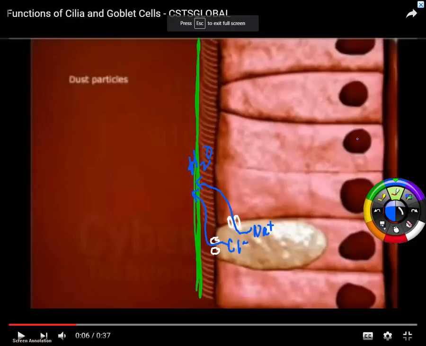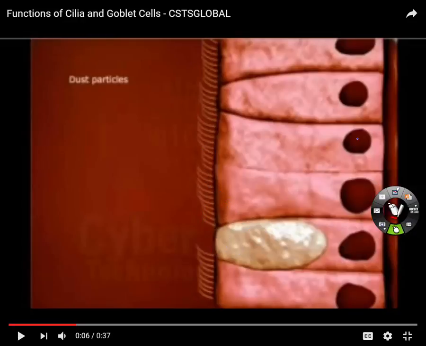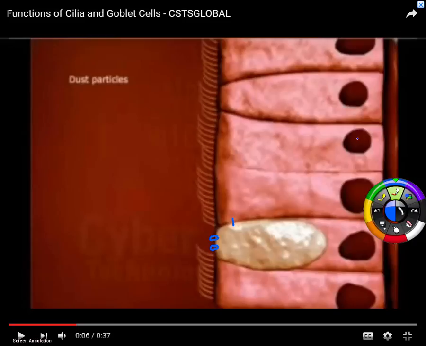Now, the result of this in people with cystic fibrosis is there is either a permanent lack of chloride channels, or there is a dysfunction in the protein configuration of those chloride channels.